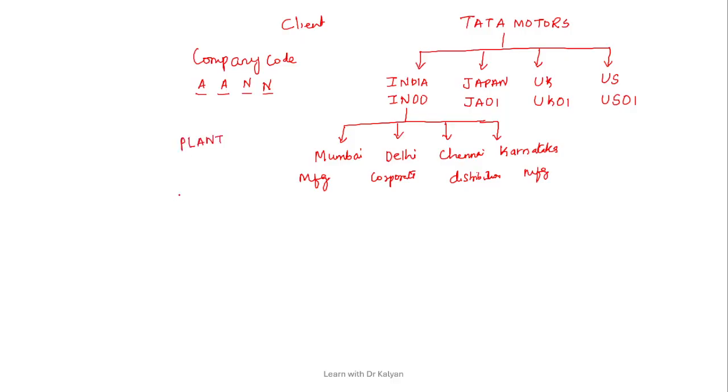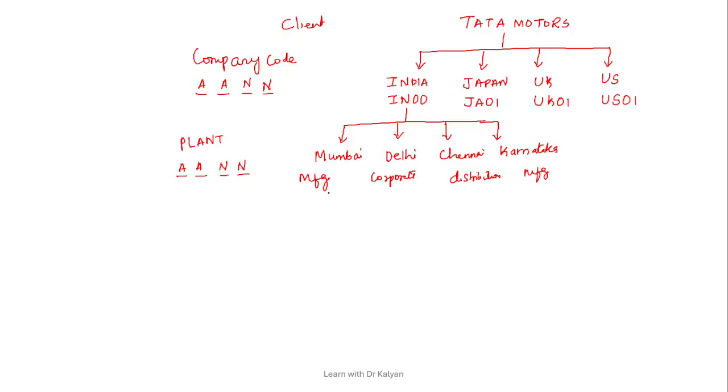Again, in SAP software, we have to represent these using some code. These codes are represented using 4 characters. As I told you for company code, plants are also represented by 4 characters, where the first 2 are always alphabets and the second 2 are numbers.